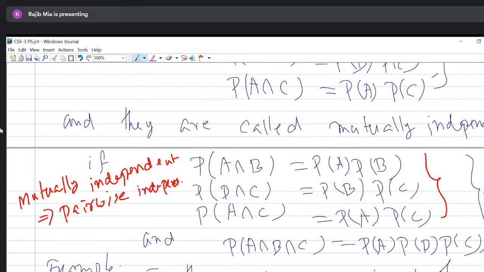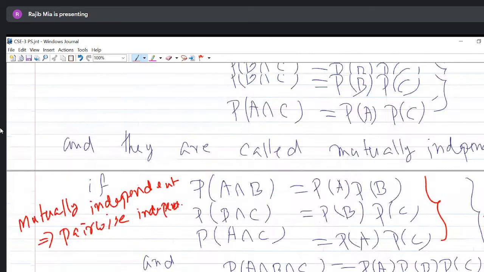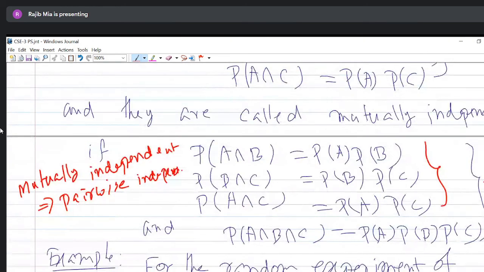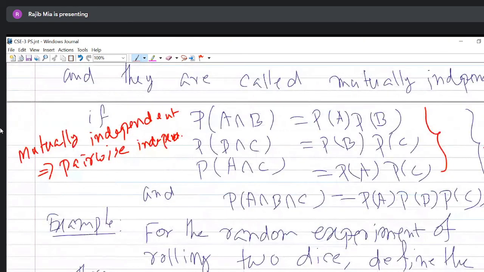That is, if three events are mutually independent, then they are automatically pairwise independent, because the three pairwise independence conditions are already contained in the definition of mutual independence. But the converse may not be true. If they are pairwise independent, they may not be mutually independent.